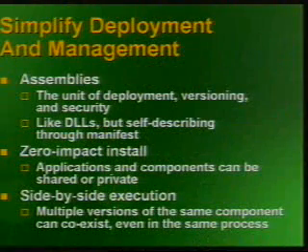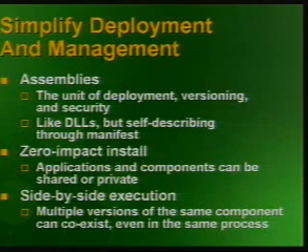Another design goal that we had was to simplify deployment and management. And a word you'll hear over the course of a lot of the talks here at the conference is this thing that we call assemblies. Assemblies are really the physical packaging of your code. They're the unit of deployment and versioning and security in the .NET framework.